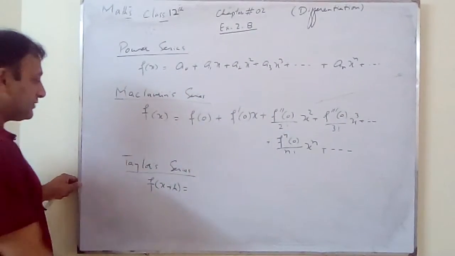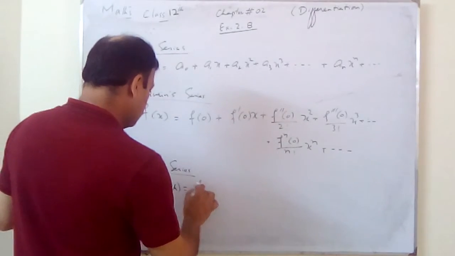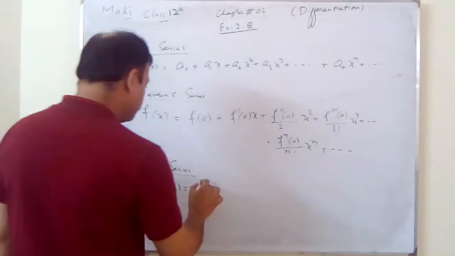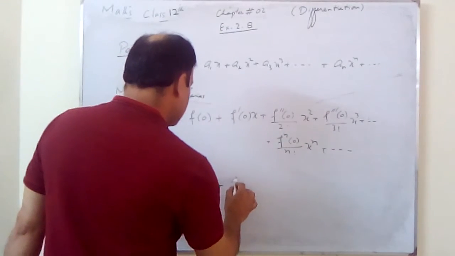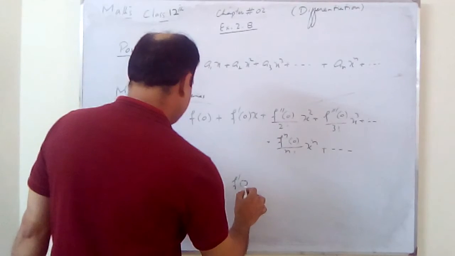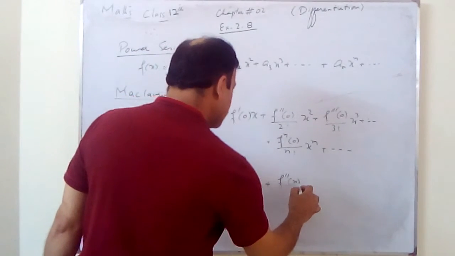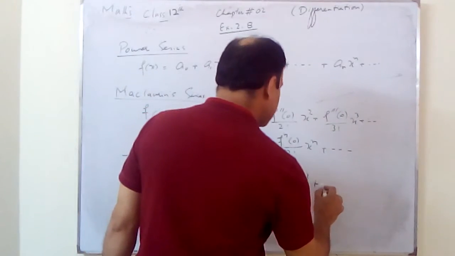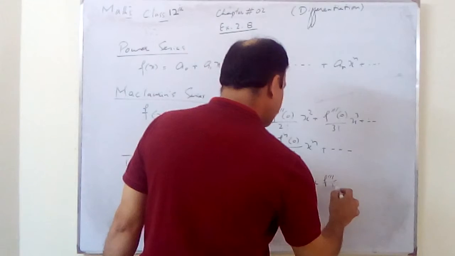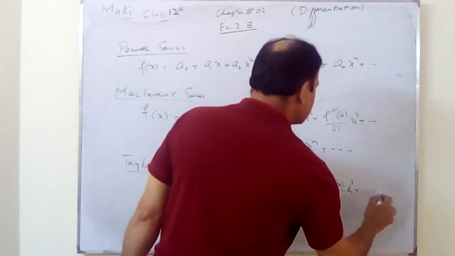Here f of x plus h is equal to f of x plus first derivative of x into h plus second derivative of x into h square divided by 2 factorial plus third derivative of x divided by 3 factorial into h cube and so on.